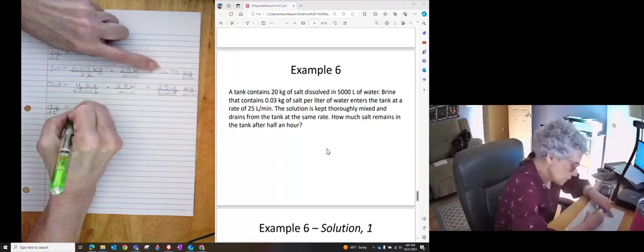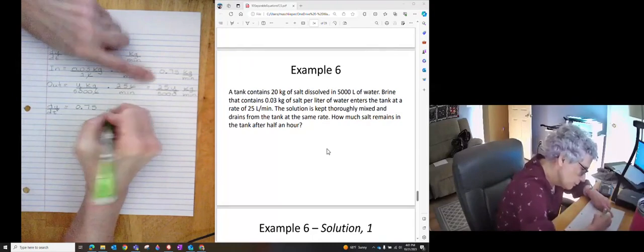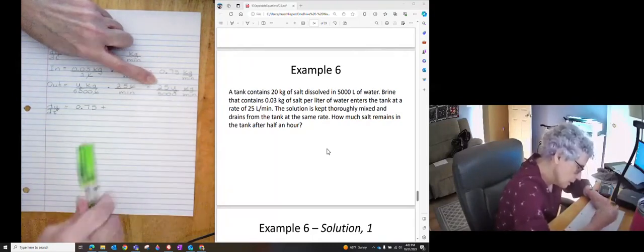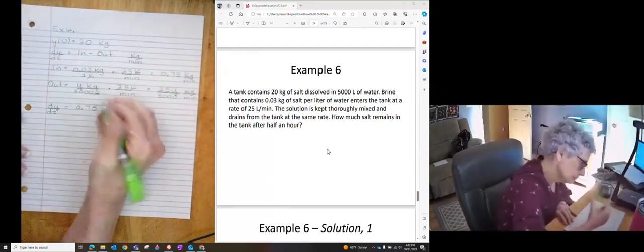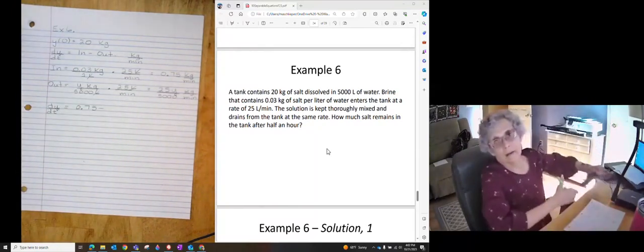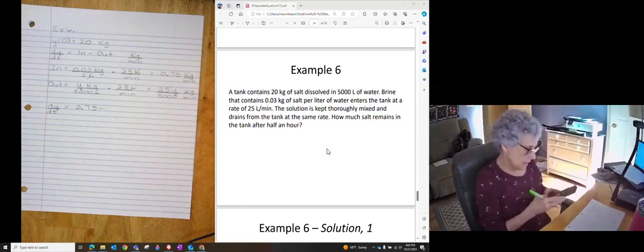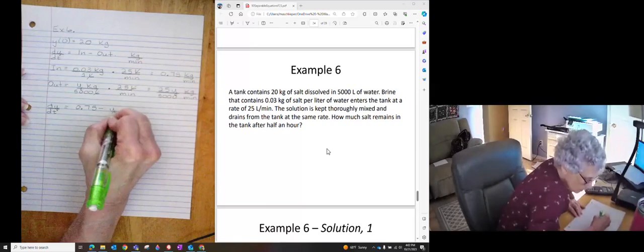So dy/dt is equal to 0.75 minus, because it's in minus out, 25 over 5,000. So let's see, clear this out, 5,000 divided by 25 gives me just y over 200.